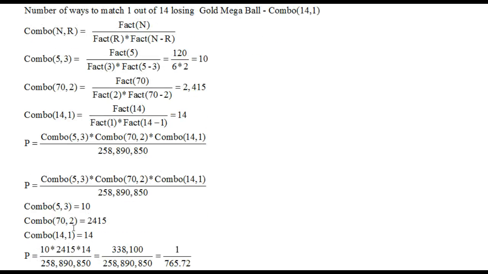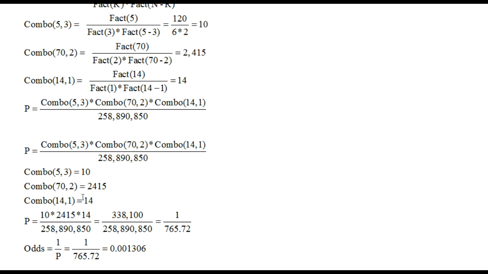Okay, and so I multiplied those out. I listed them here again. That's 10 times 2415 times 14. That's equal to 338,100. And I divide that into my total combinations. And that gives me 1 over 765.72.